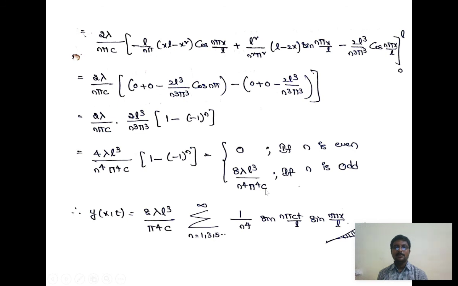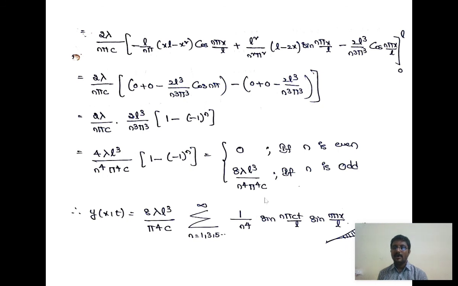Now substituting the value of Dn in the above, the required displacement is y(x,t) = 8λL³/(π⁴c) times the summation of (1/n⁴) sin(nπct/L) sin(nπx/L). The constant is taken out of the summation, and the summation is applied only to the n term.